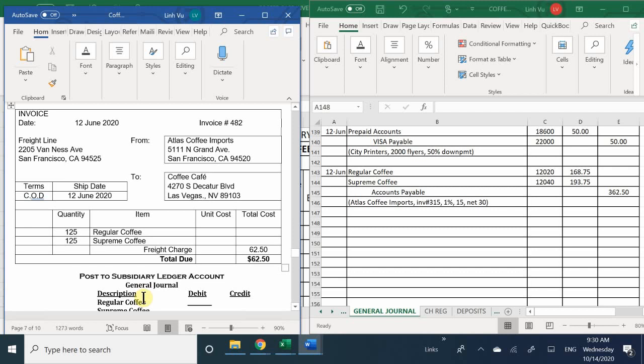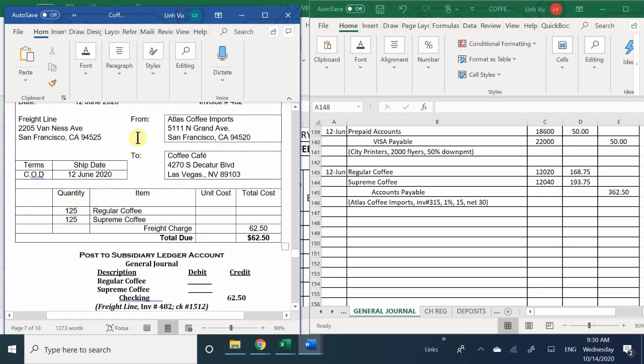Because this actually belongs to the regular coffee and the Supreme coffee, this is technically our freight. So we calculate the freight by entering it into the actual inventory item and dividing it in half. And we paid with cash on delivery, meaning we're going to write another check.